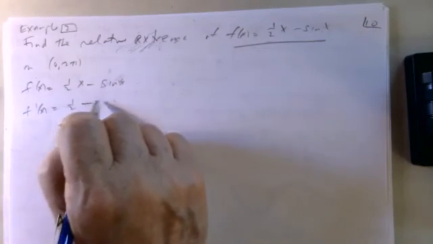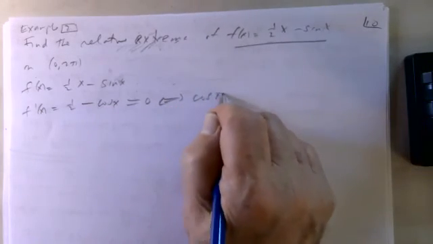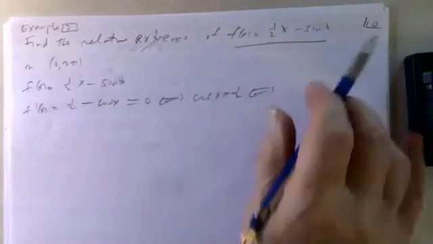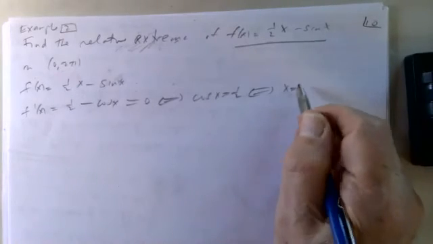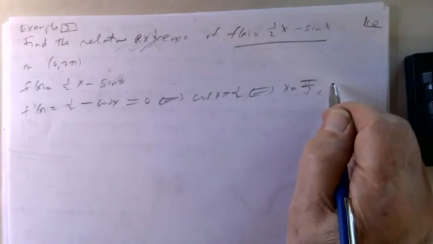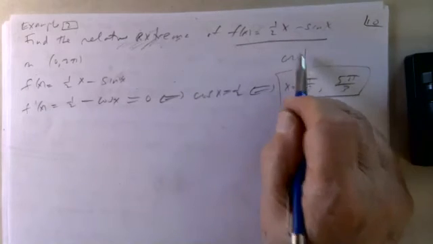So the derivative is 1/2 minus cosine x. And that's equal to 0 precisely when cosine x equals 1/2. Between 0 and 2 pi, that occurs at x equals pi over 3 and x equals 5 pi over 3. So these are the critical numbers.